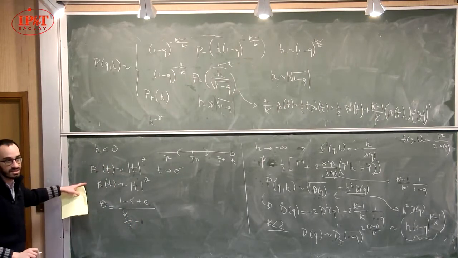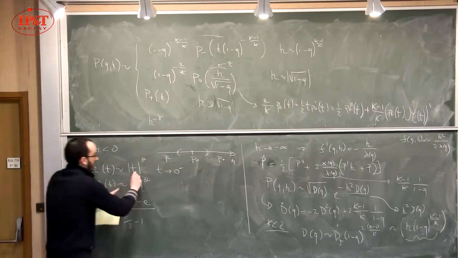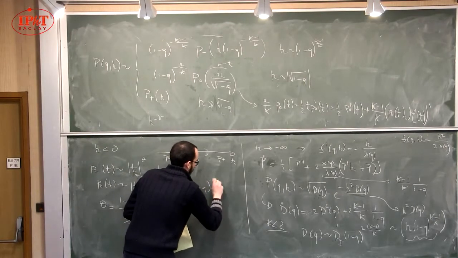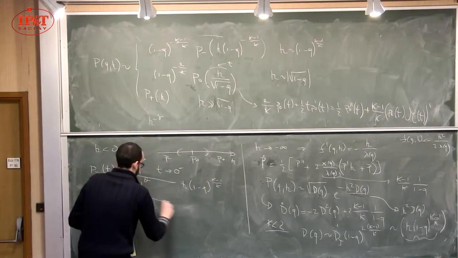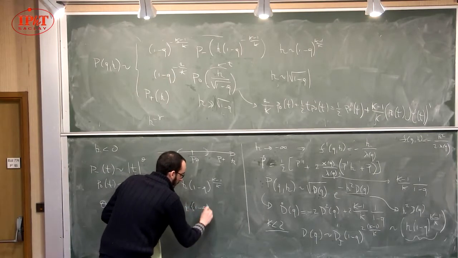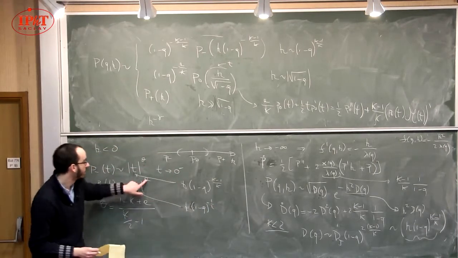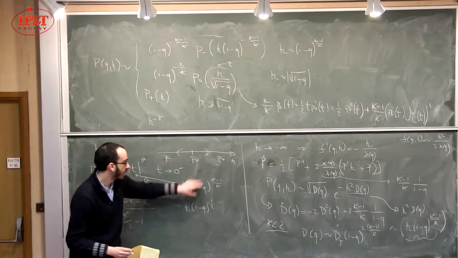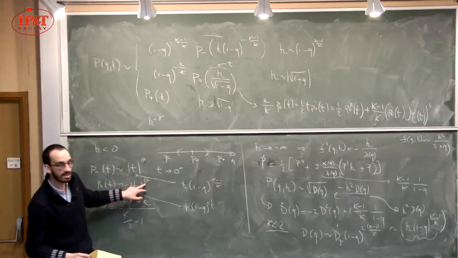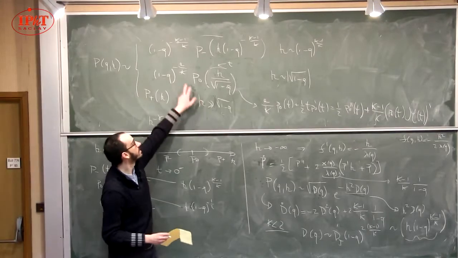Do you want me to do it? You have just to plug this t. So here you plug h times 1 minus q to the minus k minus 1 over k, and here you plug h times 1 minus q to the minus 1 half. So you see that you have h to the theta and h to the theta that go away, and then you have a relation for theta that gives you this. Okay. Then you do exactly the same thing for these other two.